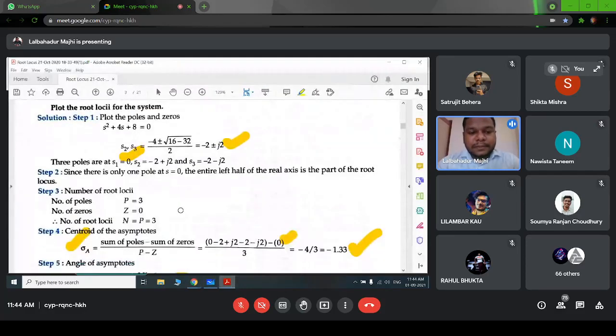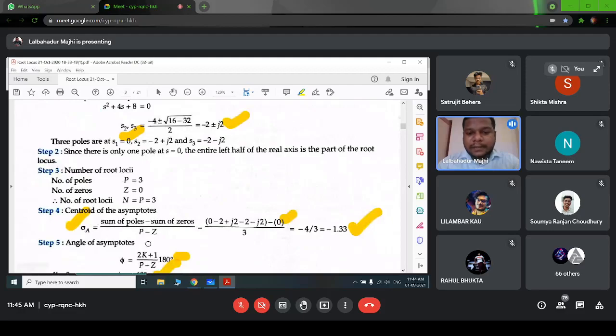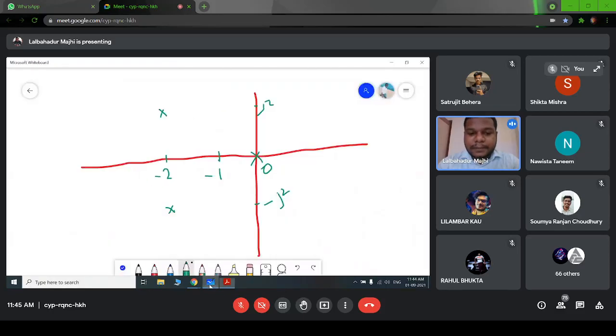So next step is we have to draw the centroid, right? We have to find the centroid from which we will draw the asymptotes. The centroid is minus 1.33. So we have to mark a point. So minus 1.33 will be at this point, right? At this point, we will get our centroid. That is minus 1.33.